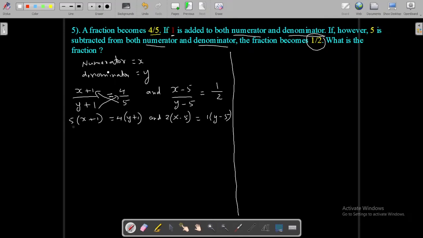If I simplify, 5 into x, 5x plus 5 into 1, 5, 4 into y, 4y plus 4 into 1, 4, and here I will get 2x minus 10 is equal to y minus 5.